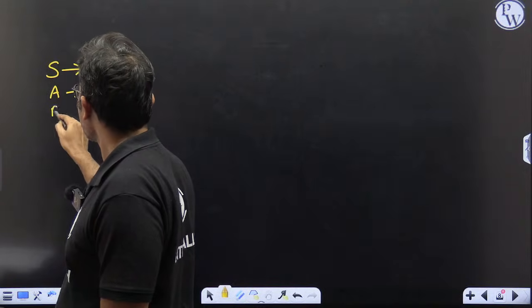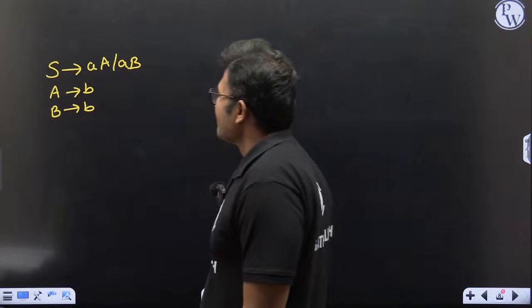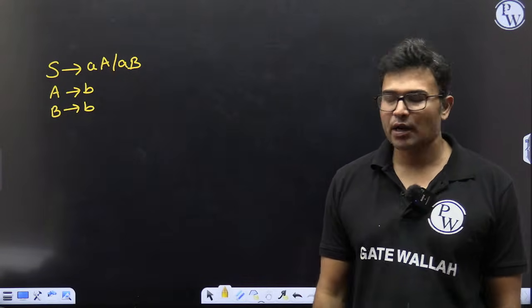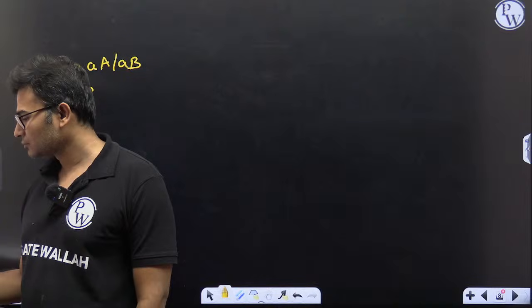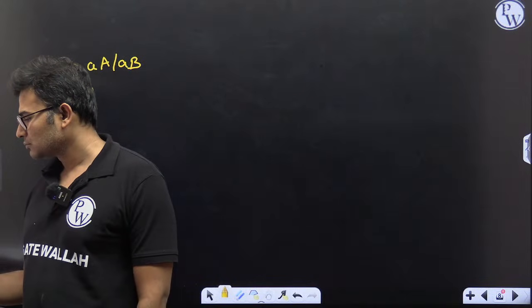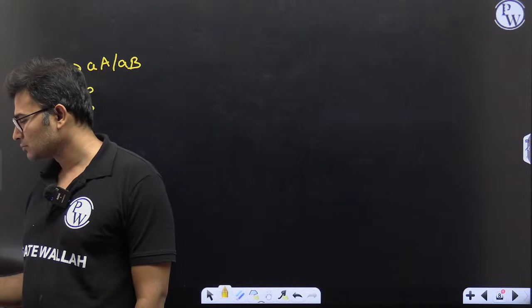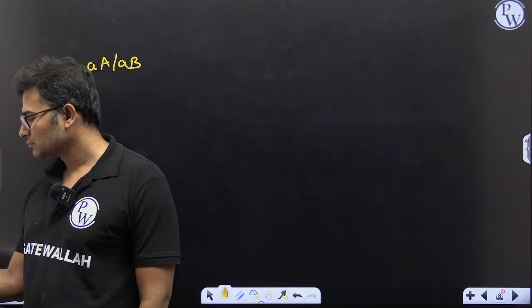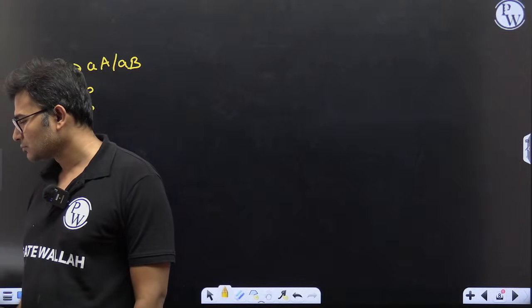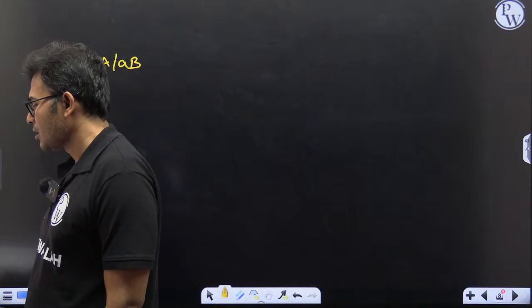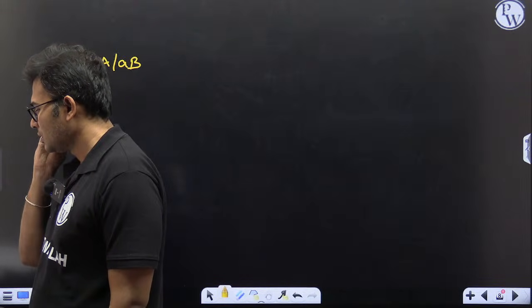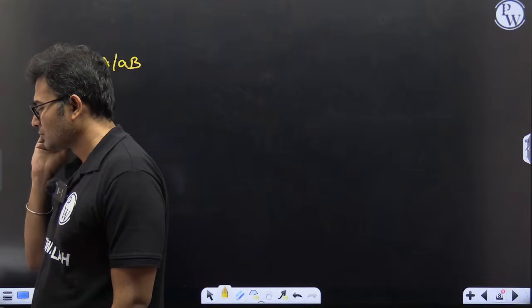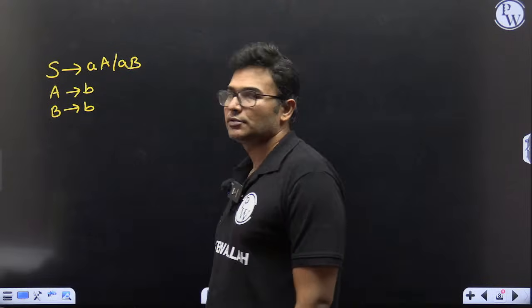A derives B. B derives B. Tell me whether this grammar is ambiguous.